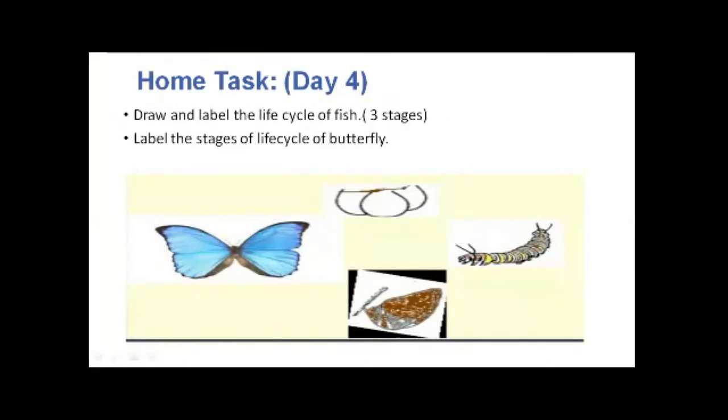You have to draw and label the life cycle of a fish. It's very easy. And label the stages of the life cycle of a butterfly. You will label here in this picture. Label all four stages of the butterfly. Beta, take a screenshot and picture of this home task.